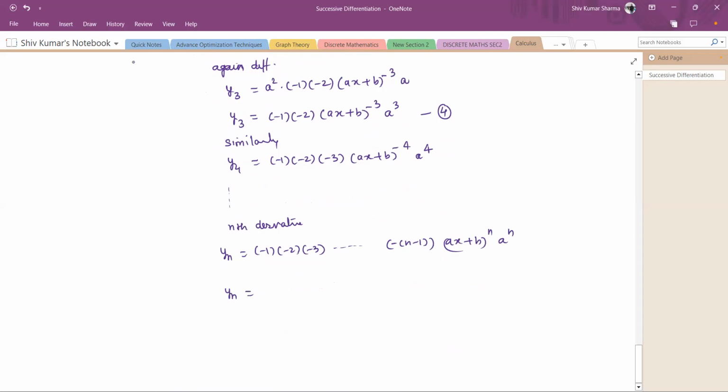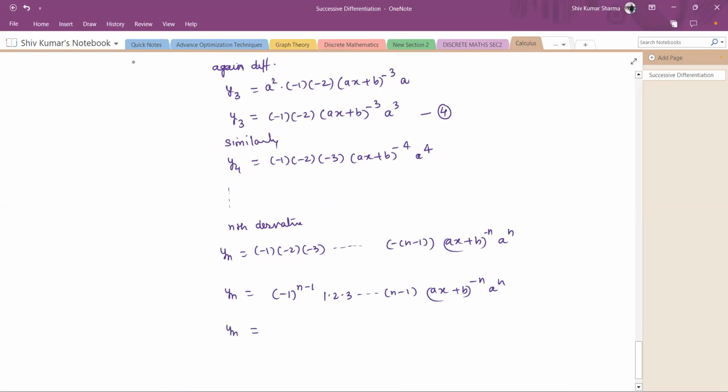So how many negative signs are there? n minus 1. So we write minus 1 raised to the power n minus 1 into 1 into 2 into 3 up to n minus 1, and ax plus b raised to the power minus n and a raised to the power n.